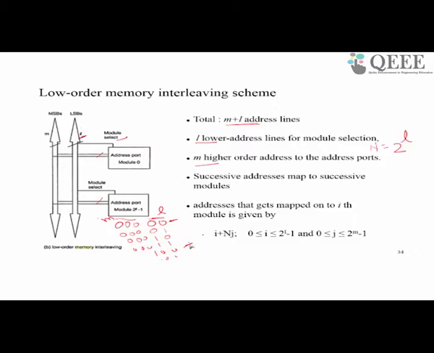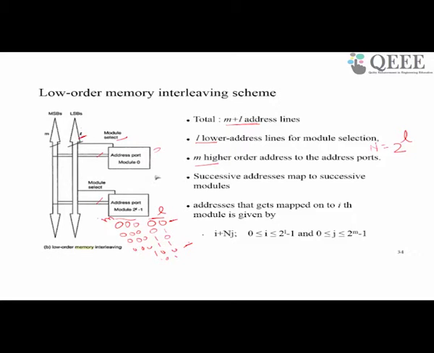So these are the addresses which will get mapped onto module 0. So address 0, address 4 and then address 8, these are the addresses that will get mapped onto module 0.